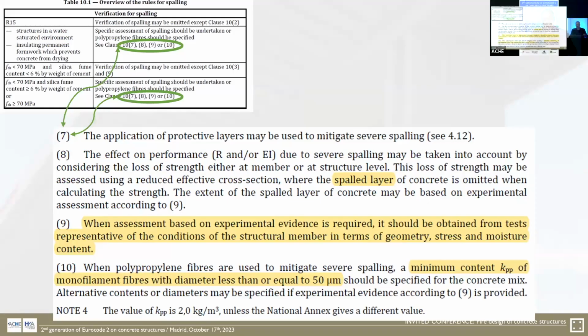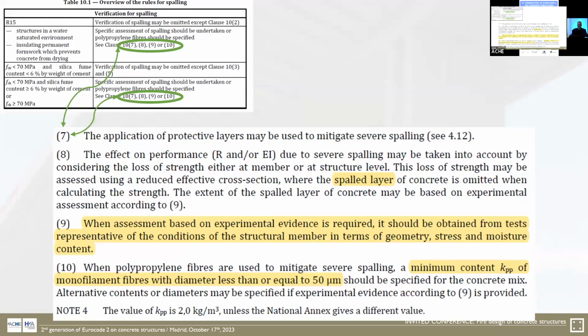And then here you have a provision which is always something which everybody knows. When you don't know what to do, adding polypropylene fibers is a good means to mitigate spalling. Here, a minimum content is given equal to 50, a minimum content KPP, and provisions are given as regards the diameter.